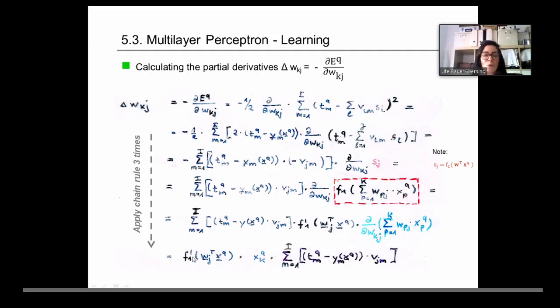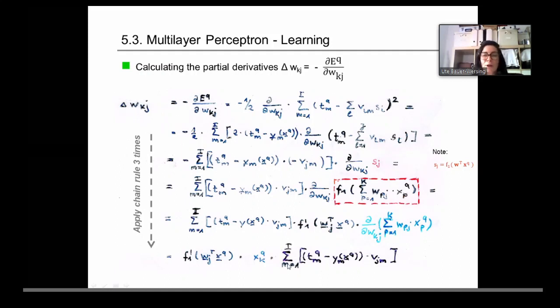So this means we have to evaluate the derivative of the sigmoid activation function for the weight vector Wj transpose times xq, the inner product, times the input xkq, the input to the kth neuron of the hidden layer, times the sum over the output neurons, right?